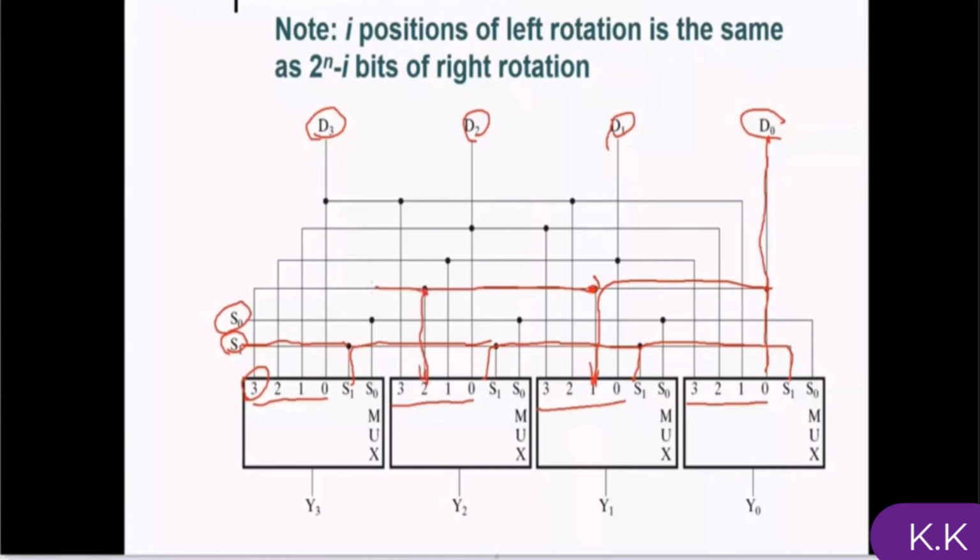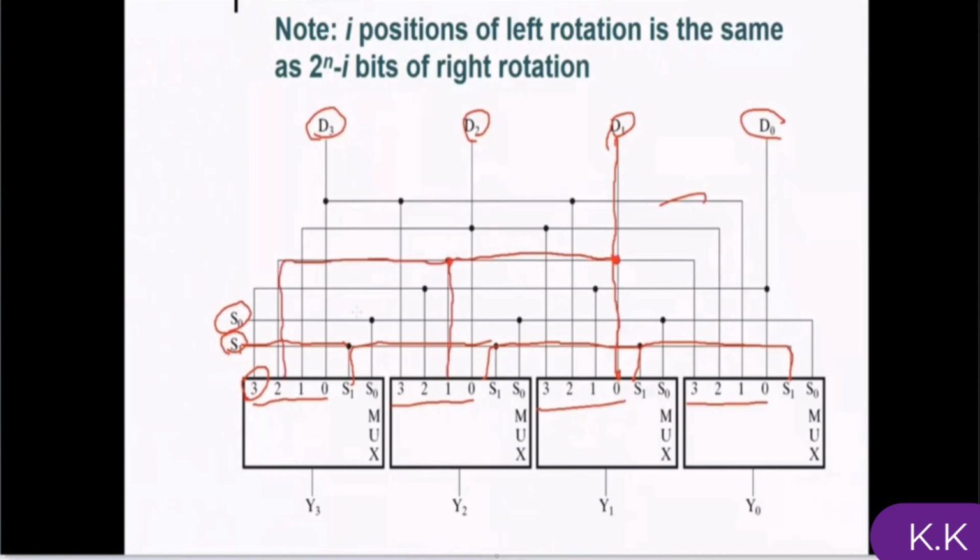But according to the table, for example, the input 3 should be connected to the Y0. So as you can see, the 0 is connected one time here. Here it is connected to the input 1, and here it is connected to the input 2.